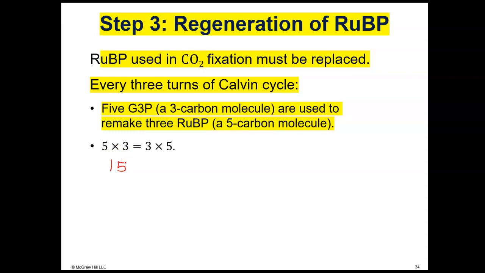RuBP is a 5-carbon molecule. So if you take 3 RuBPs times the 5 carbons, that's 15. So that's why you have to have 5 G3Ps to regenerate 3 RuBPs, because you want to keep the number of carbons in the molecules the same.